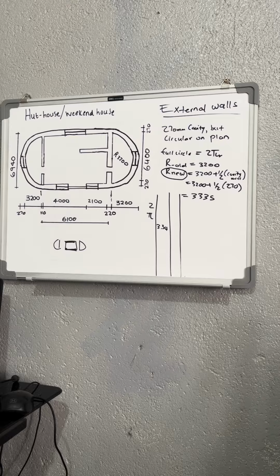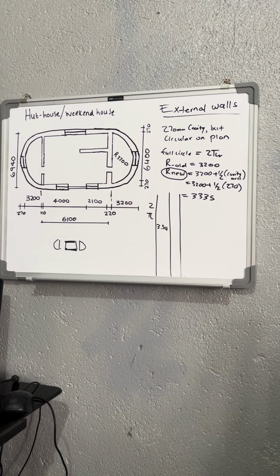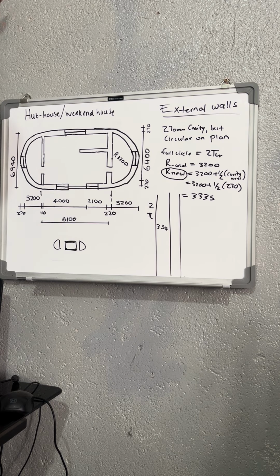It's not that simple, but if you interpret it this way, it's just going to be straightforward. You just have to remember that when I'm doing my brickwork for circular work, I have to use a perimeter. And also when I'm doing the calculation, this new radius is going to change. It's going to be extended.